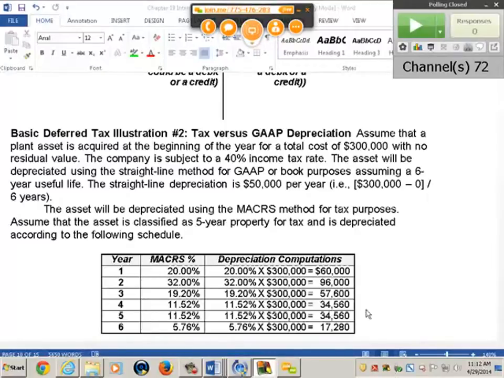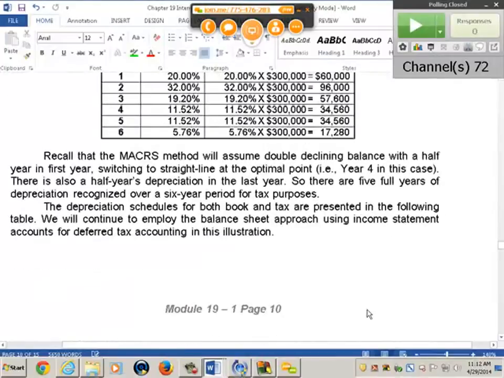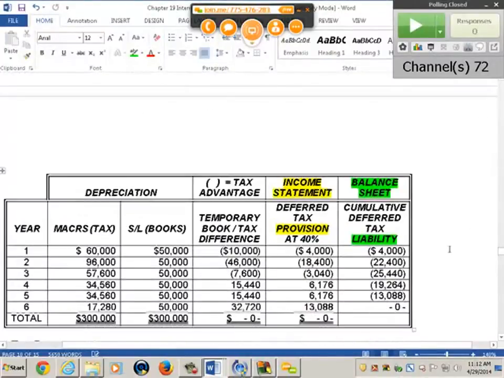So I'm going to leave that up on the screen. If we look at the table, I know we started looking at this table on page 11, this table now will focus on the income statement methodology, where we're going to take each year, look at the book tax differences, determine the tax provision, as well as the deferred liability.